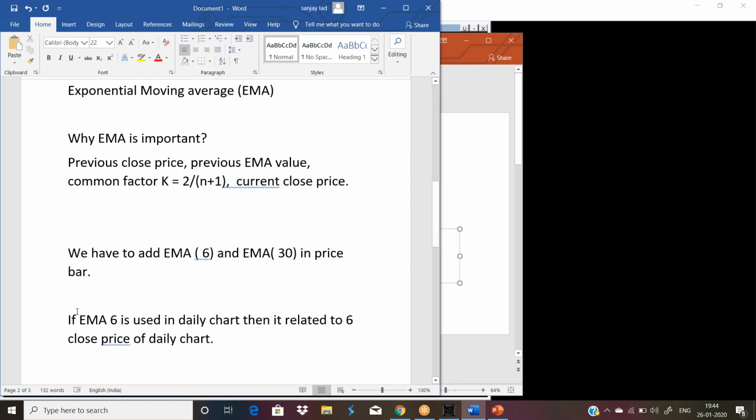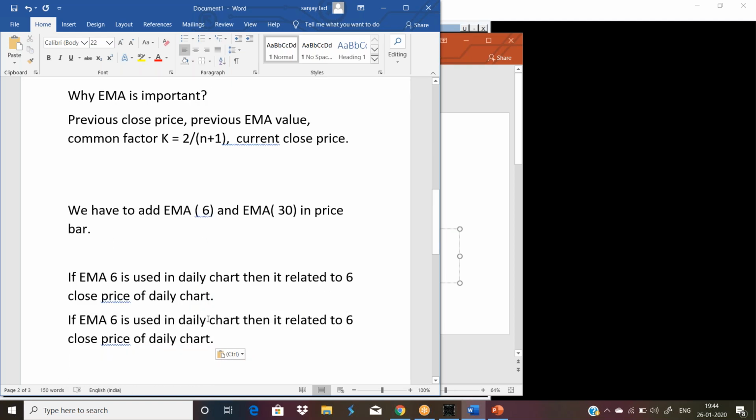And if you use EMA 6 in a weekly chart, then it is related to 6 close prices of the weekly chart. If you use EMA 6 in a monthly chart, then it is related to 6 close prices of the monthly chart. If you use EMA 6 in a quarterly chart, then it is related to 6 close prices of the quarterly chart.